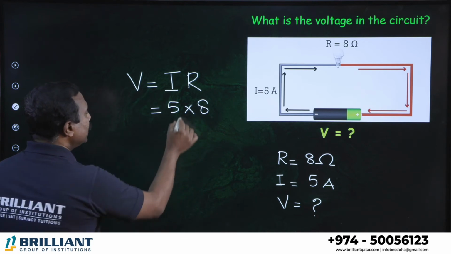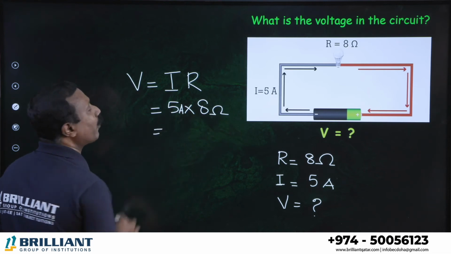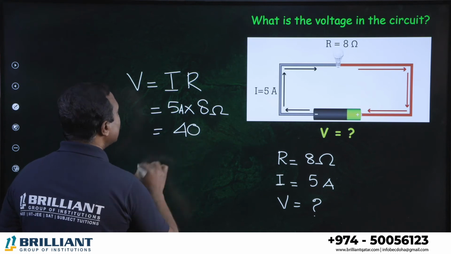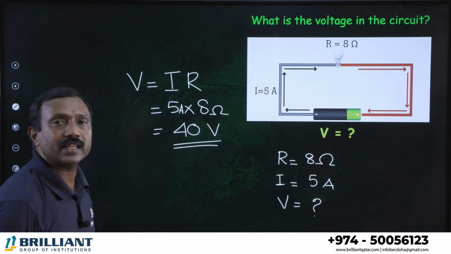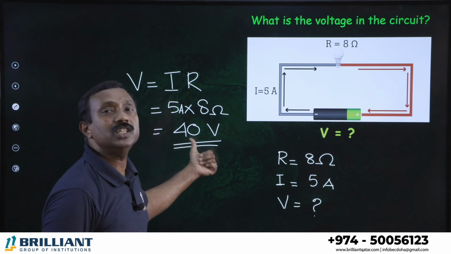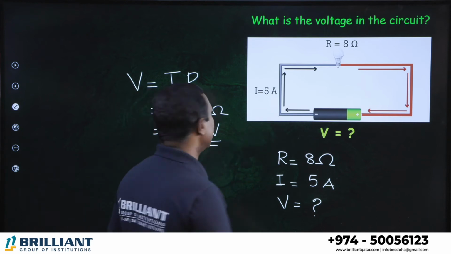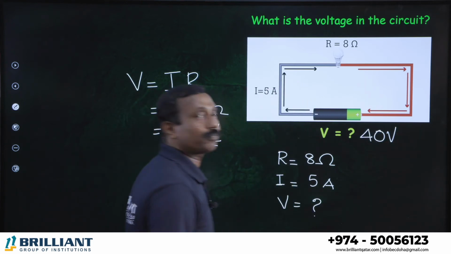So 5 ampere and 8 ohm, we get 8 into 5. 8 into 5 is equal to how much? It's 40. It's 40 volt, because volt is the SI unit for measuring potential difference. So from this diagram, the potential difference is equal to 40 volt.